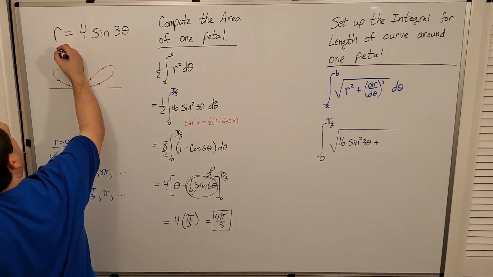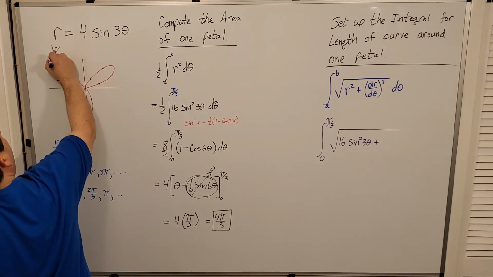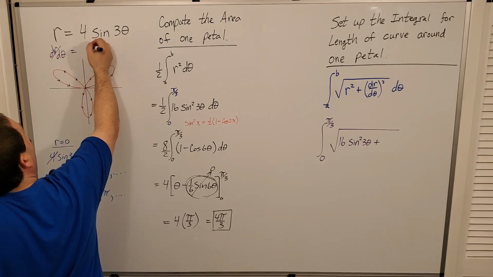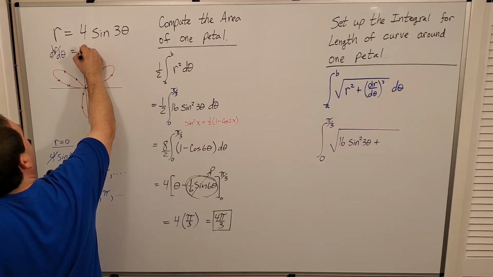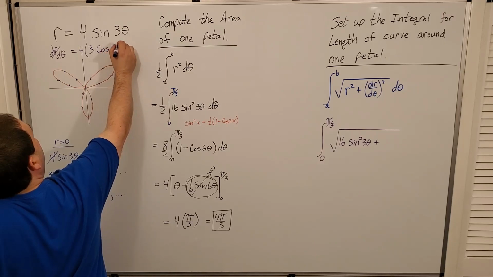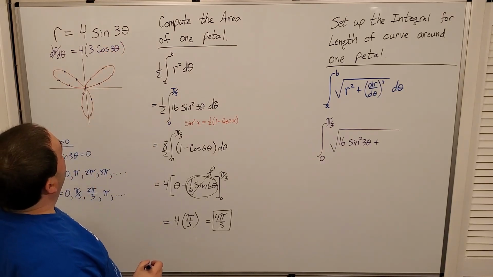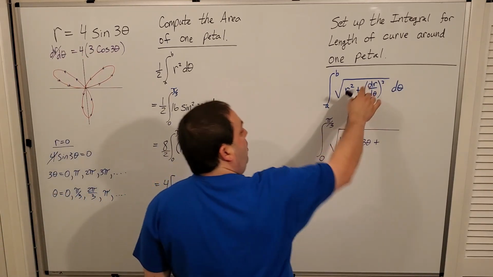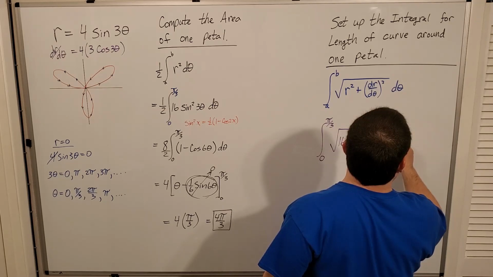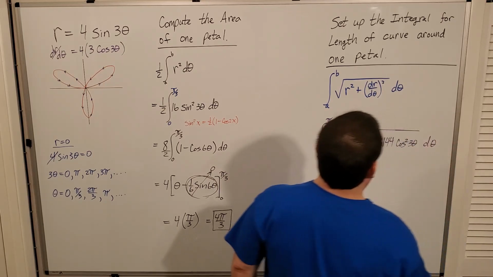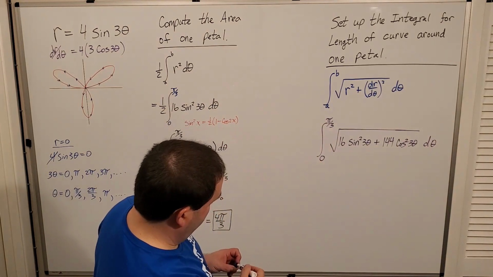The derivative of the sine is our cosine, so I'll have 4 times 3 cosine 3 theta for my derivative there. So naturally, I'm going to have a 12, and then it's squared. So that's 144 cosine squared 3 theta d theta. And that was all that was asked of us to do here.